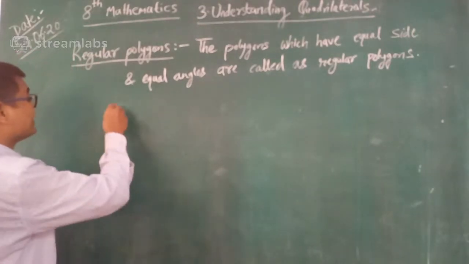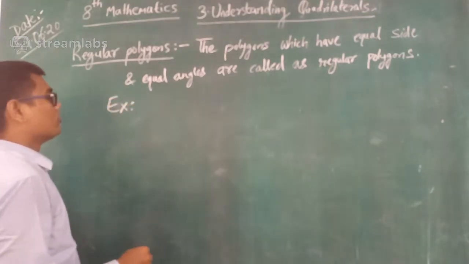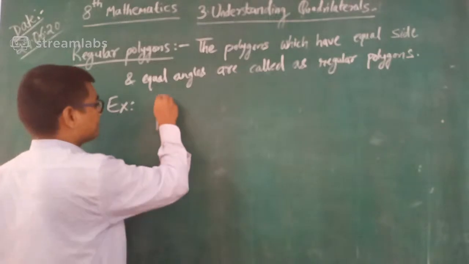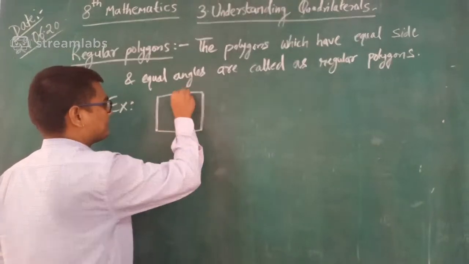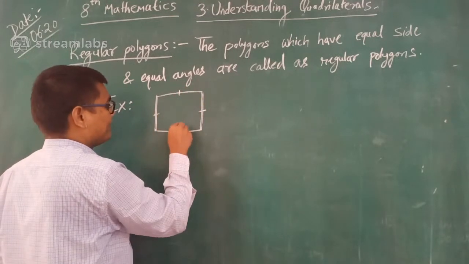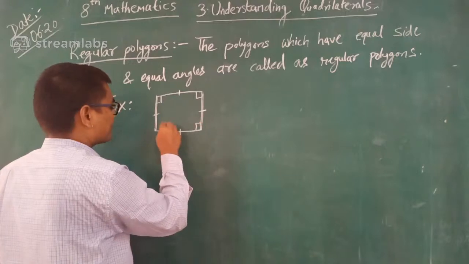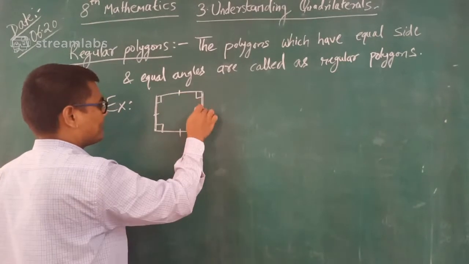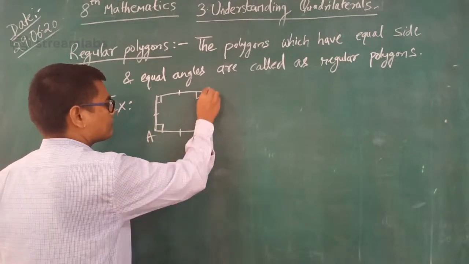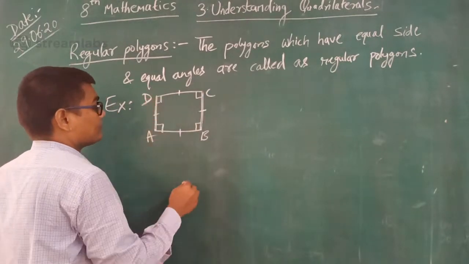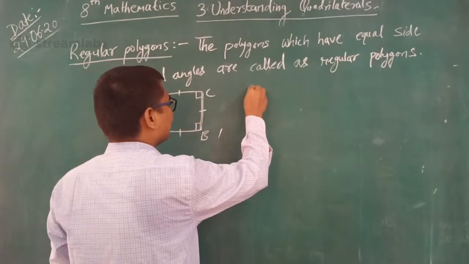Examples for regular polygons. The first example which comes to our mind is a square. All the sides are equal and all the angles are equal. All the angles are 90 degrees.